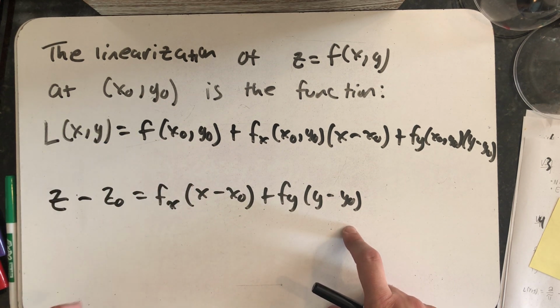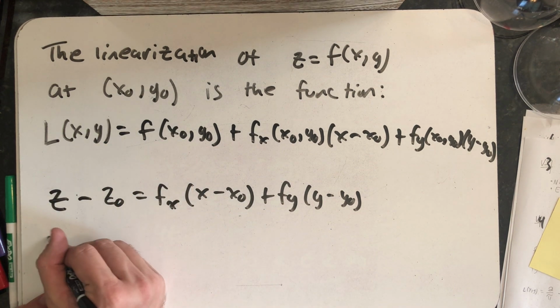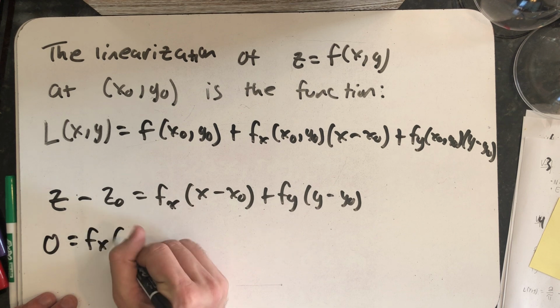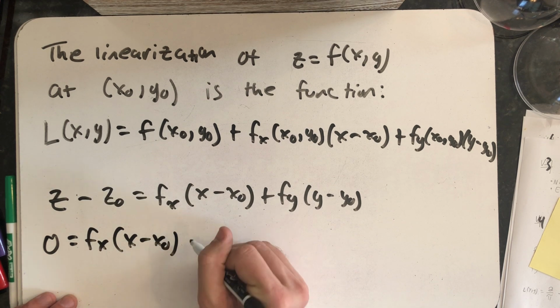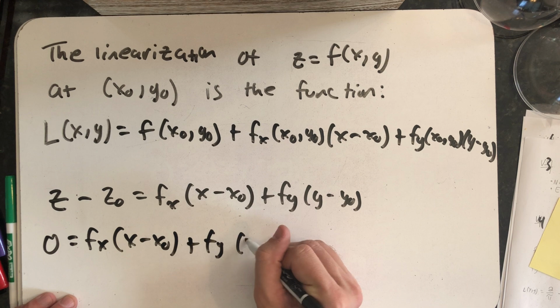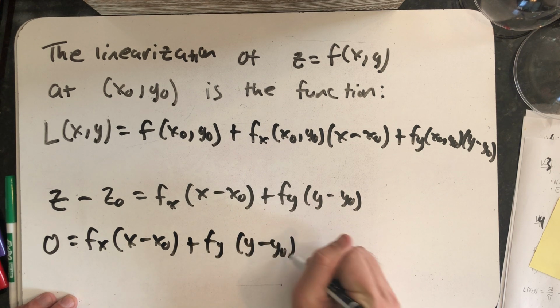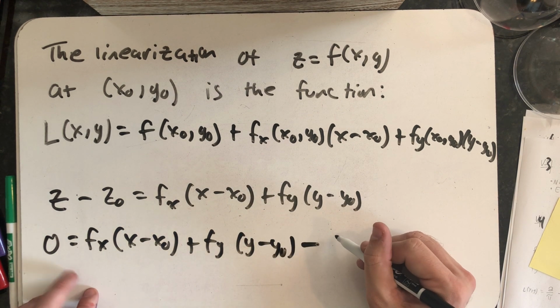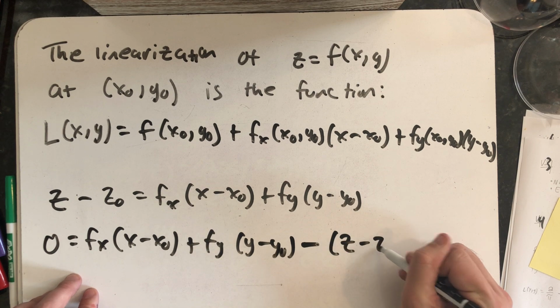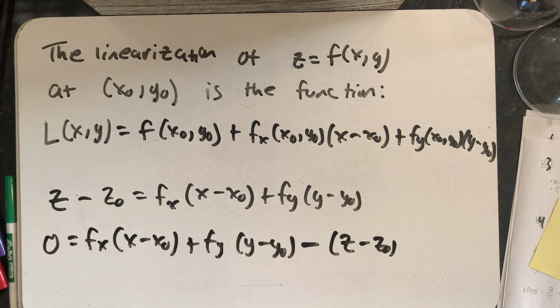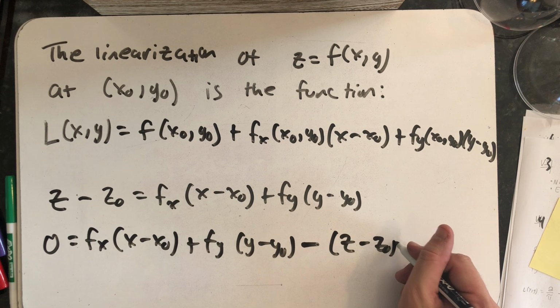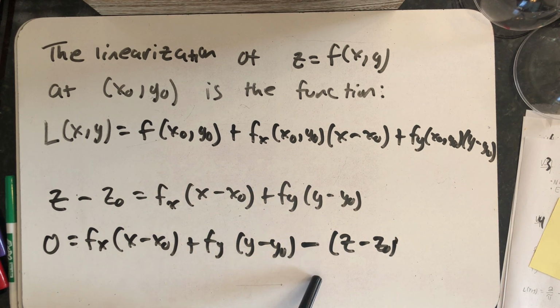Thinking about subtracting that over, and we're one subtraction away from having the equation of the tangent plane to that surface through that point, because this is a simple case where the partial with respect to z would be minus 1.